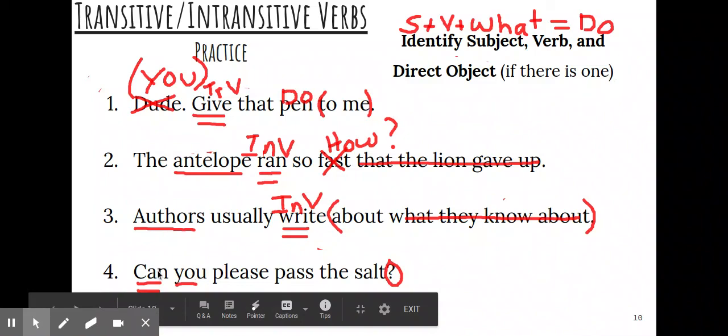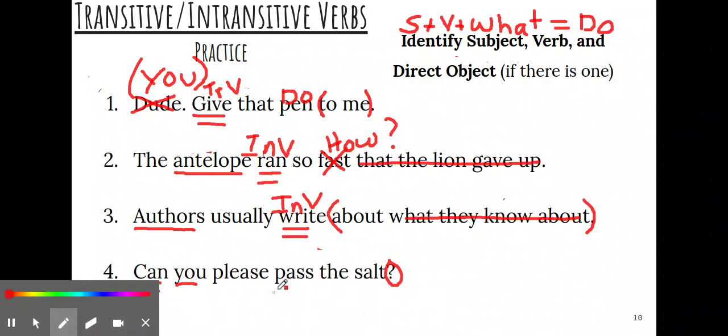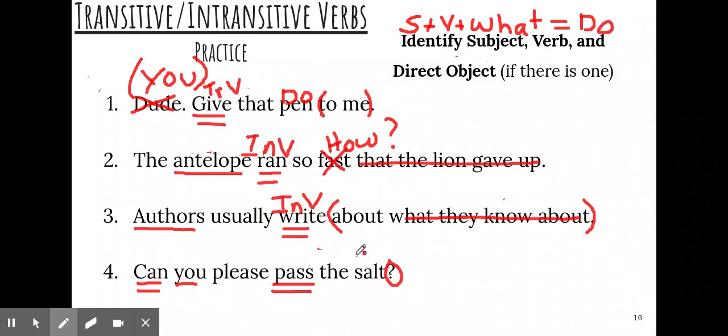You can pass. So if you say you can pass as your subject and verb, we plug it into our formula. You can pass what? Salt answers that question, and that makes it the direct object, and that makes pass or can pass a transitive verb.